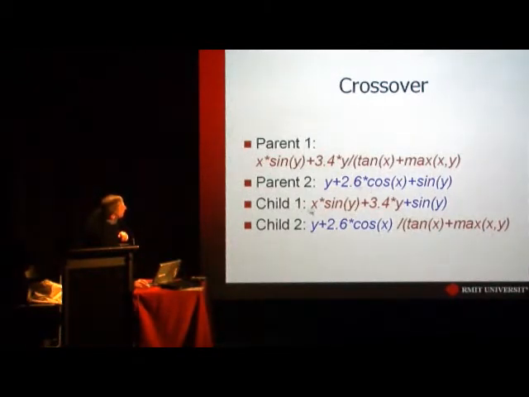So here we're saying at this point here, we're going to take the first bit of this parent, this amount of genetic material, and that's going to be the first bit of this child. And from the second parent, we're going to take this bit of genetic material and attach it to this child. And together, that's given us the first of the children. And the leftover bits make the second child.